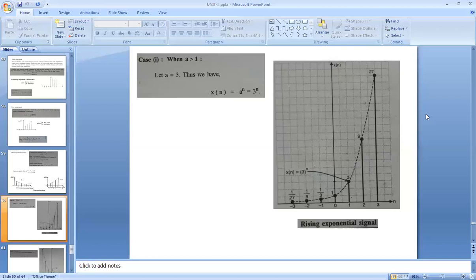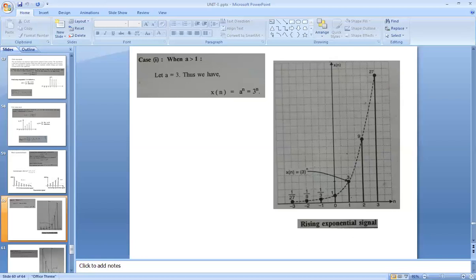Similarly, x of minus 2 is equal to 3 raised to minus 2, 1 upon 3 square, which is 1 by 9. So in this fashion, you can draw the real rising exponential signal. Hope you got this rising exponential signal.